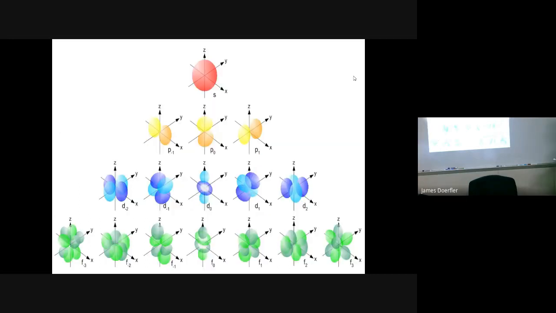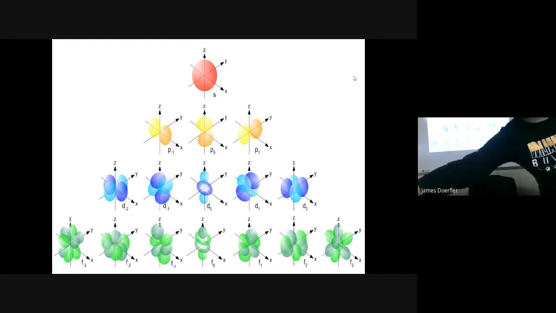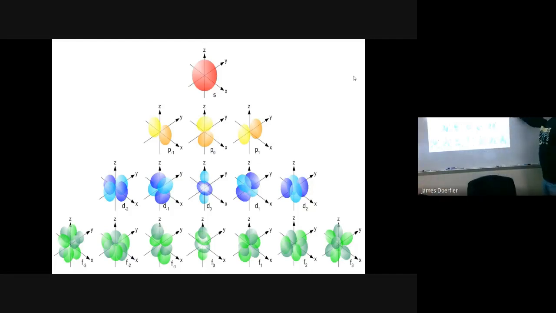Then lastly, I don't have a specific slide for the f orbital, but down here on the very bottom is what they kind of render the f orbital to look like. Now, there's some contention that the f orbital is actually too difficult to draw, although I have found this slide where it does give some examples of what they expect it to look like spatially.